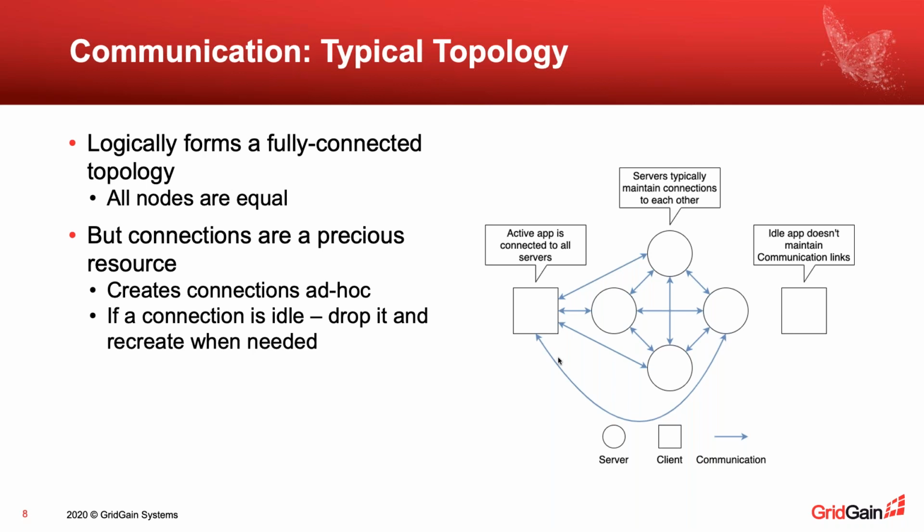Typically, an active application would be connected to all server nodes at the same time because it will need to access different parts of the data, and different parts of the data may be partitioned on different nodes, and all servers are also typically interconnected. So this is basically how communication is implemented in Apache Ignite.